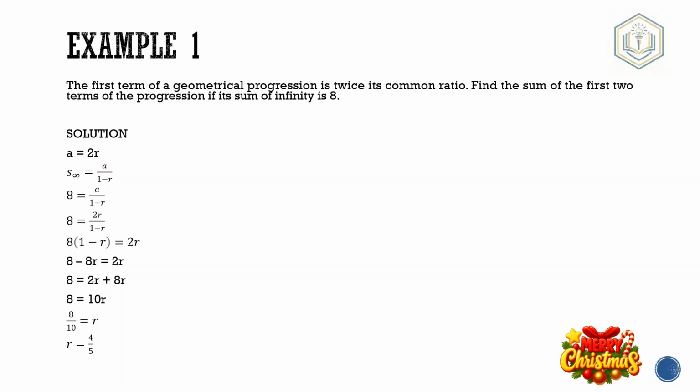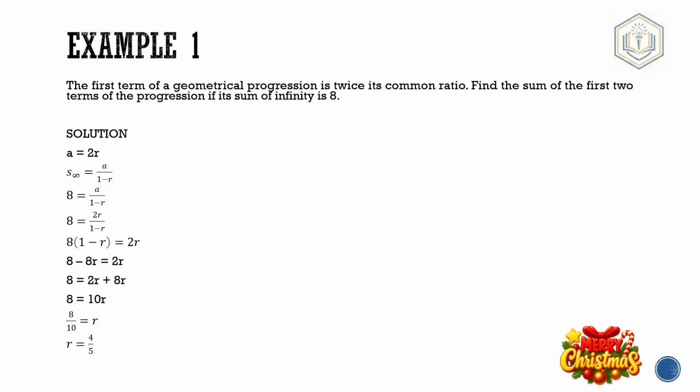So we're using the formula for the sum to infinity, which is S subscript infinity equals a over 1 minus r. Substituting the sum to infinity as 8, we have 8 equals a over 1 minus r.